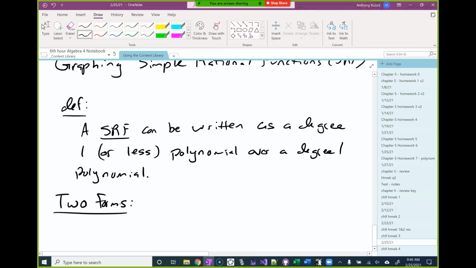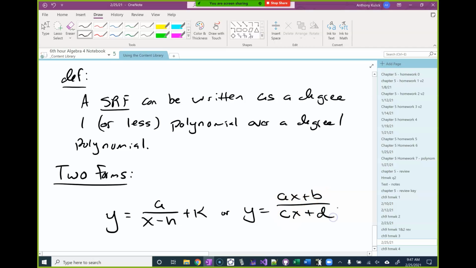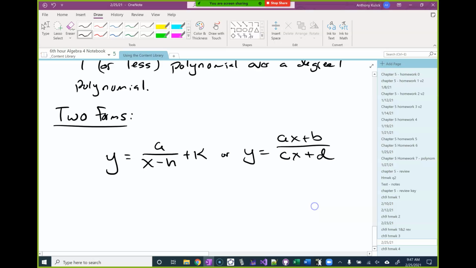So typically we'd write that simple rational function in one of two ways. It'll either look like y equals a over x minus h plus k, or y equals ax plus b over cx plus d. So those are the two typical ways that a simple rational function would be written.